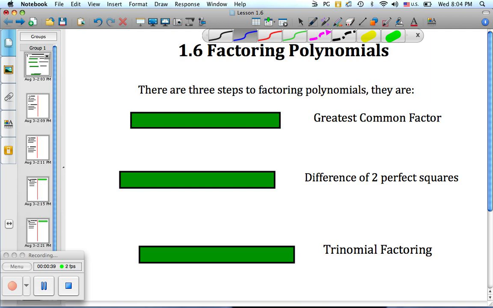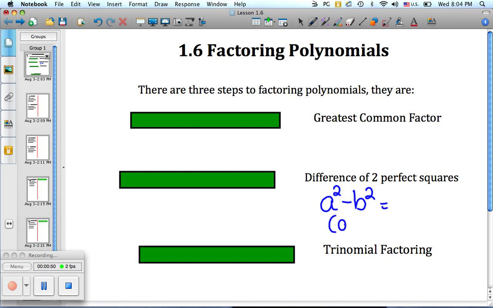And just to give you a little remembrance, a difference of two perfect squares is a squared minus b squared. And that factors down into a plus b and a minus b.